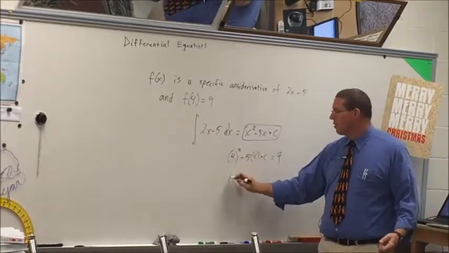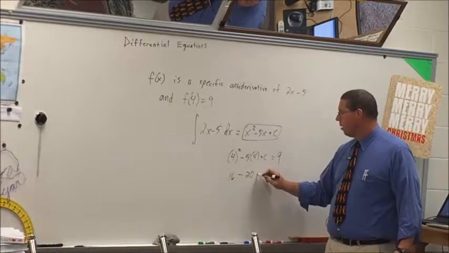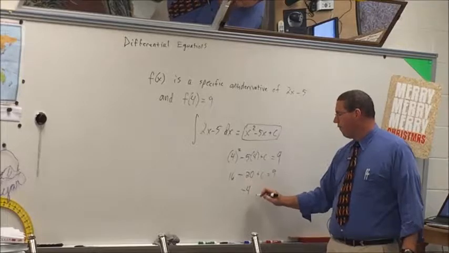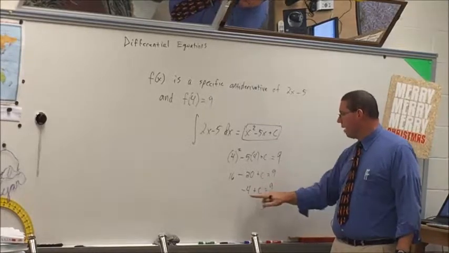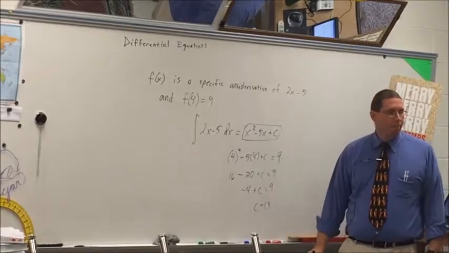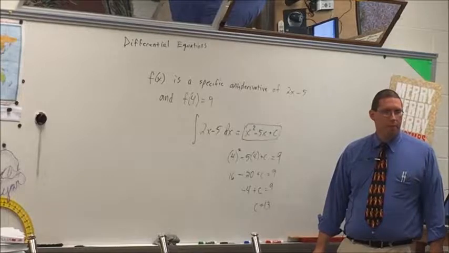And 4 squared is 16. And 5 times 4 is 20. Plus c equals 9. 16 minus 20, negative 4, plus c equals 9. Add 4 to both sides, and c is equal to 13. I know I did it fast, but I think you're okay.